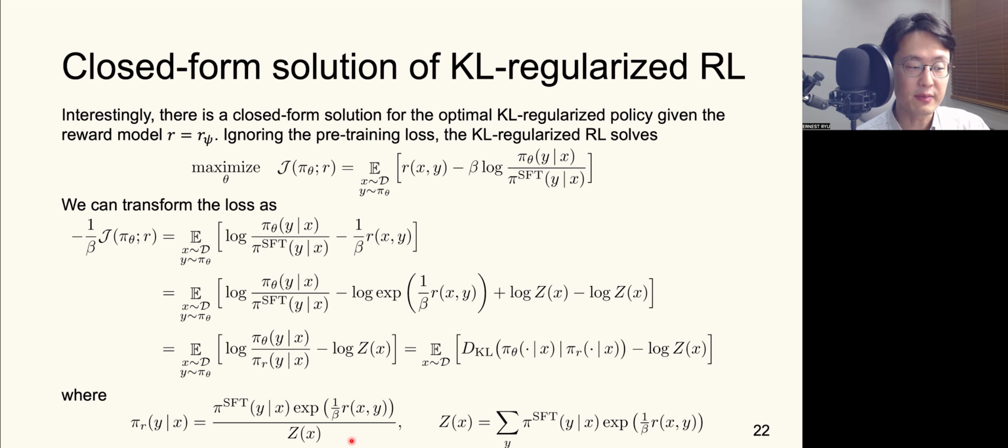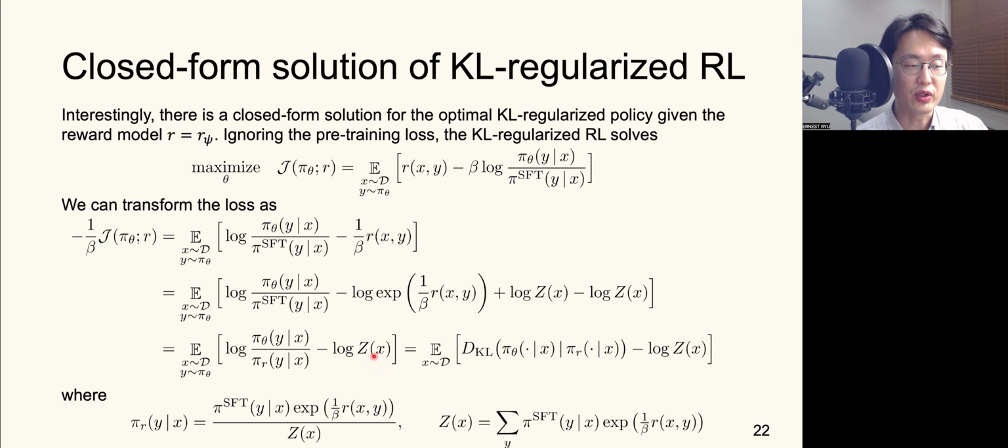We'll write that as z of x, and then we divide by z of x. With this normalization factor, this quantity defines a probability distribution on y for any given x. So let's define this as pi sub r of y given x. And this is a policy. We can interpret this as a policy producing a probability distribution on y for any given input x.